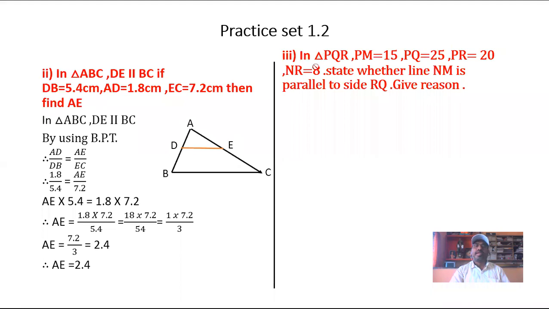Third problem in practice set 1.2. In triangle PQR, PM is equal to 15, PQ is equal to 25, PR is equal to 20, NR is equal to 8.